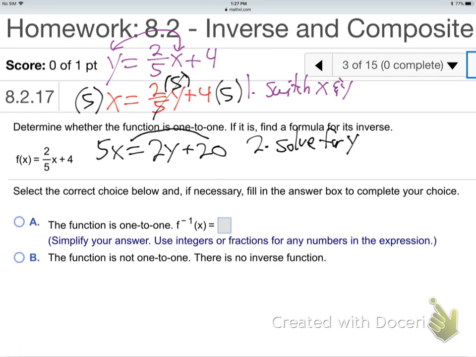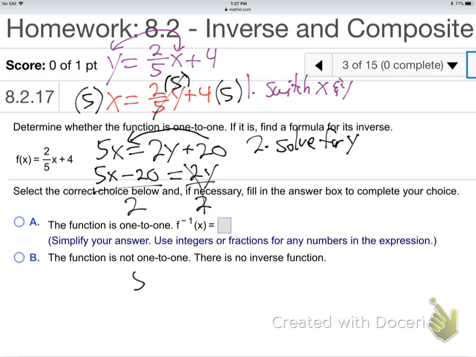So I'm just going to jump this 20. What happens when something jumps to the other side of an equal sign? The sign changes. So it'll be 5x minus 20 is 2y. What do we do now to finish getting y alone? Divide by the 2.